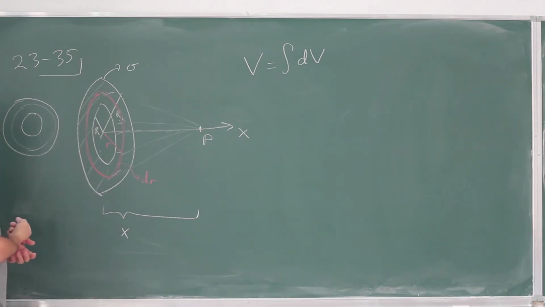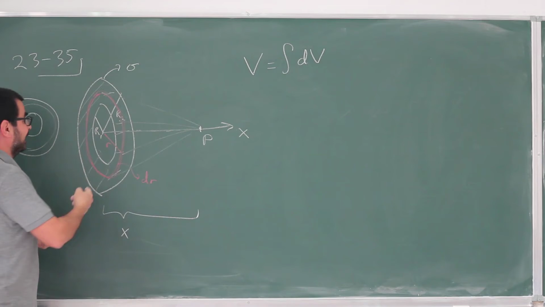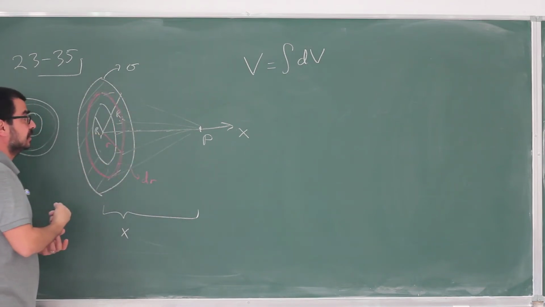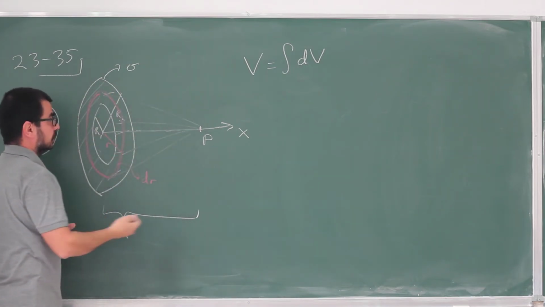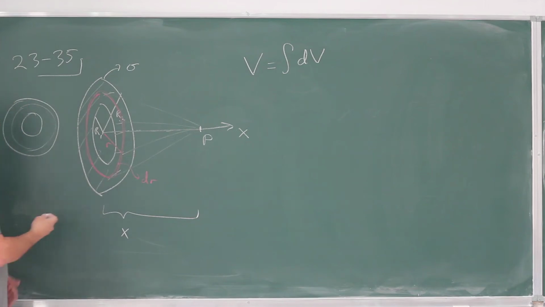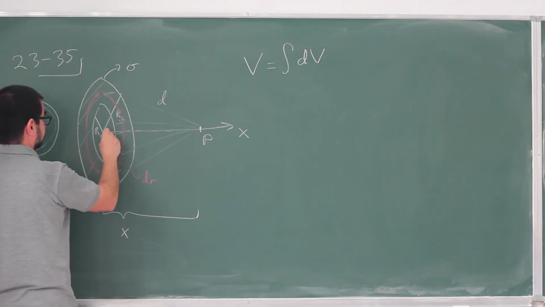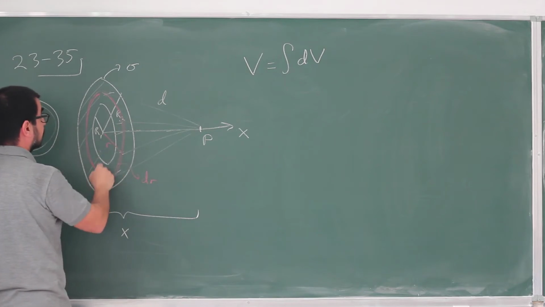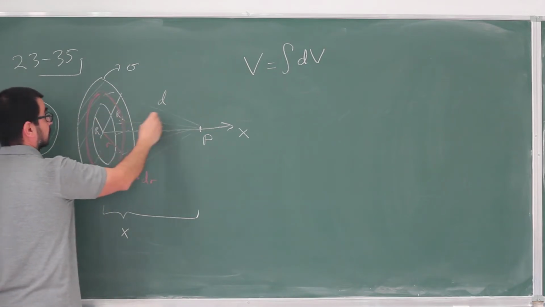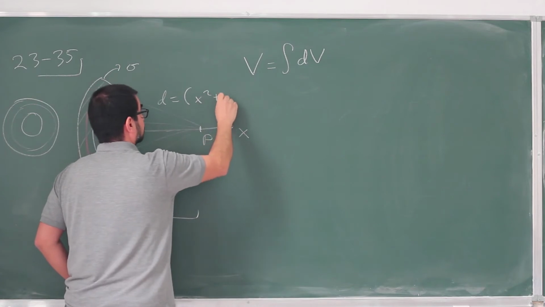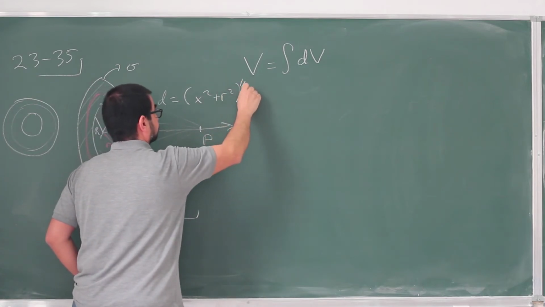I can basically assume that all the charge on this ring is concentrated at a single point at some distance that I'm going to figure out. Let's call this distance d, and let's say this ring has radius r. So d is going to be (x squared plus r squared) to the half.